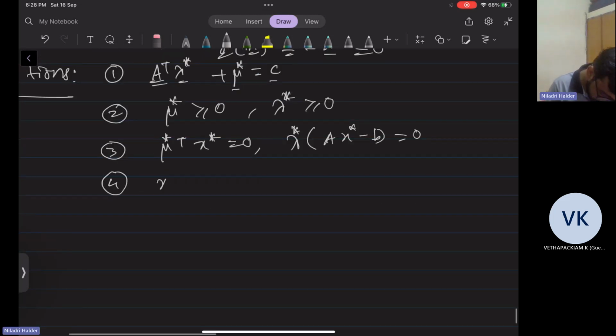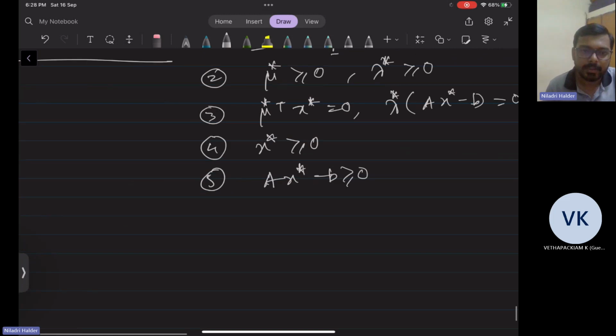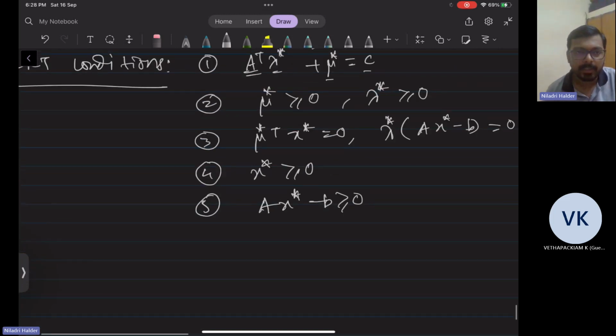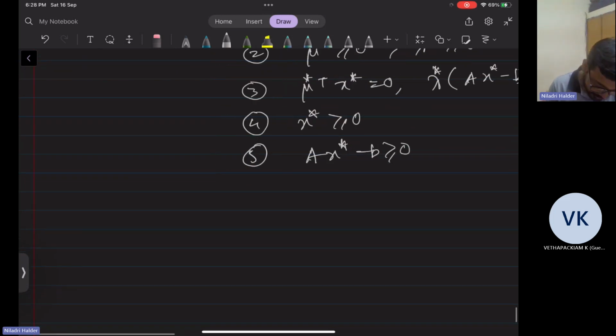Fourth condition, x star is greater than or equal to 0. Fifth condition, x star is greater than or equal to 0. These are the KKT conditions. I am just avoiding the derivation. So these are the KKT conditions.